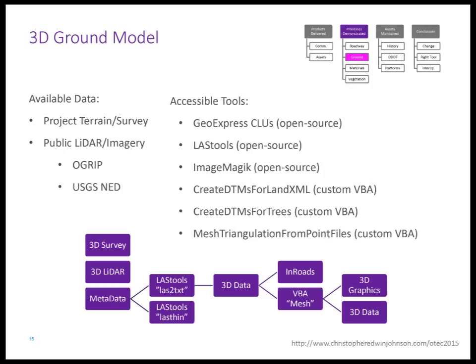So next I'm going to talk about the next model, the 3D ground model. And in order to generate this model, the available data is listed here, the accessible tools, which is a combination of some open source tools, as well as some custom VBAs, and then the workflow process at the bottom.